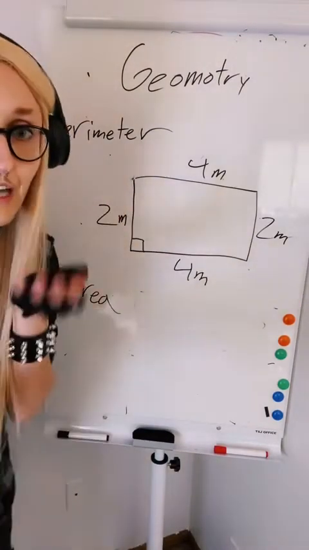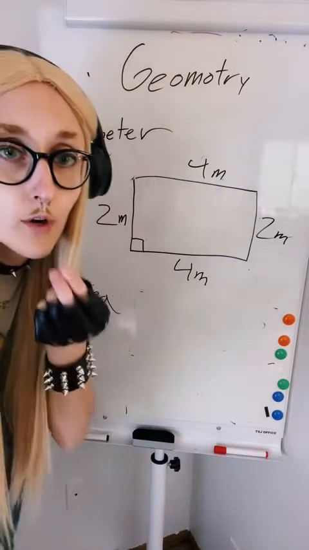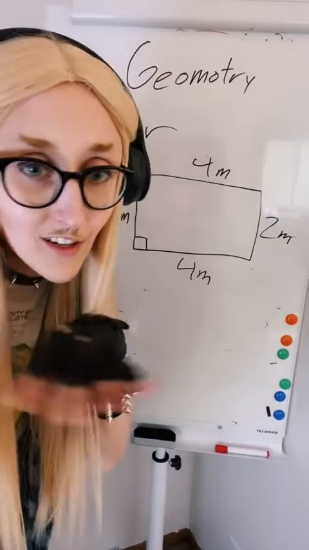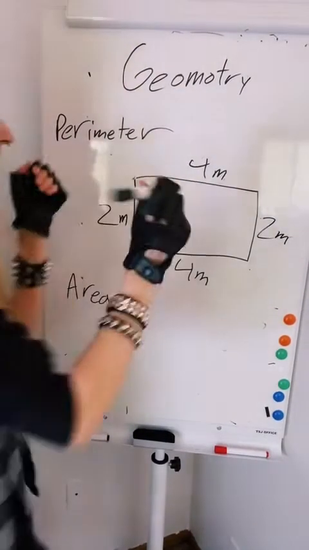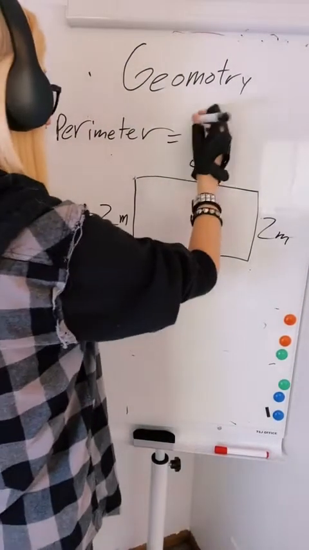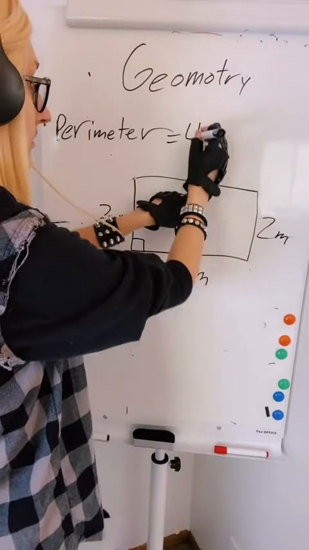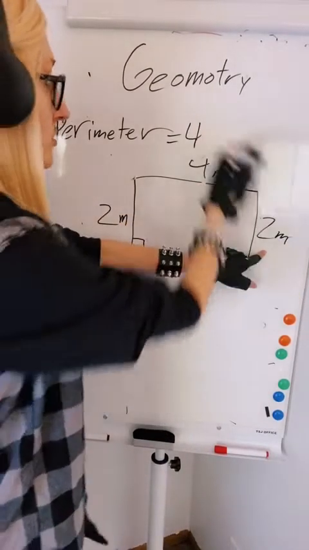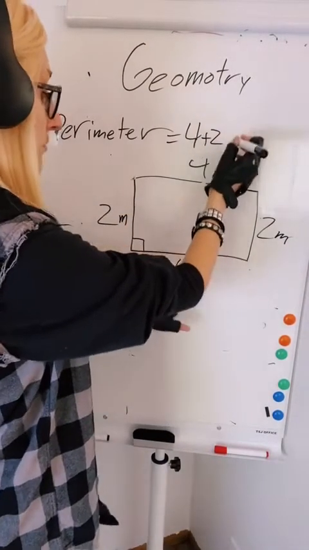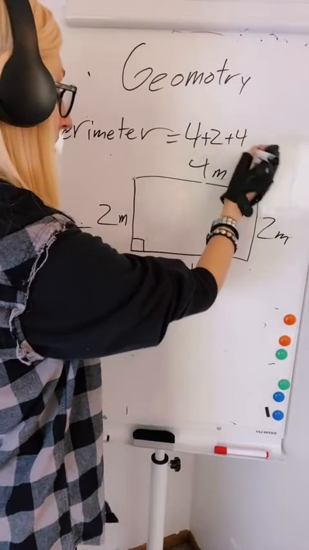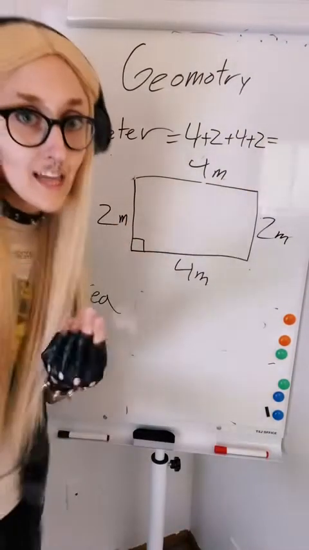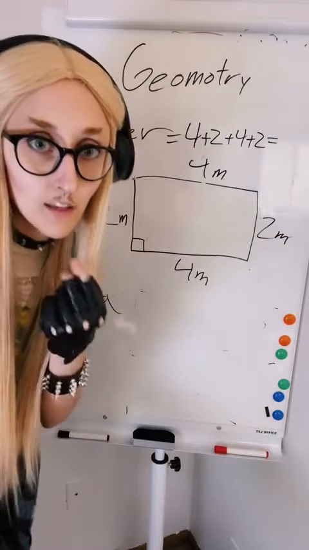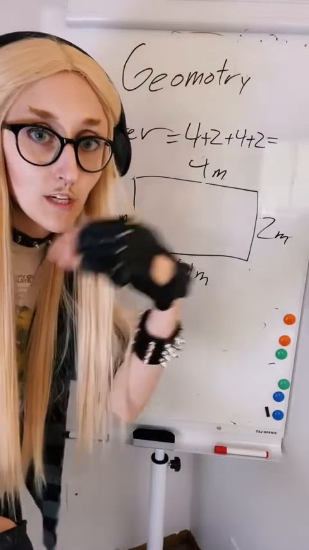Perimeter is simply asking me to add up all of these sides. That's all it's asking. You guys are getting it? Beautiful. We add it all up. The perimeter is equal to 4 plus 2 plus 4 plus 2. And even if this wasn't a rectangle, any shape that we're asking the perimeter of is asking for what it is around the outside.